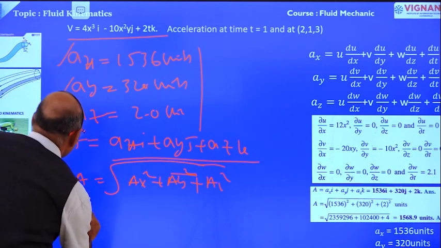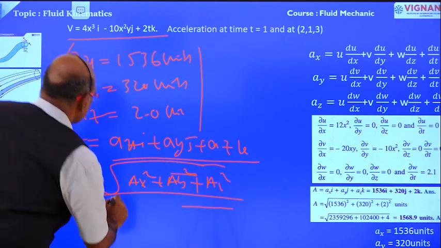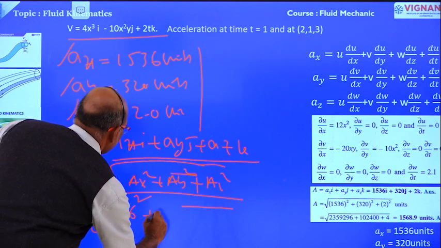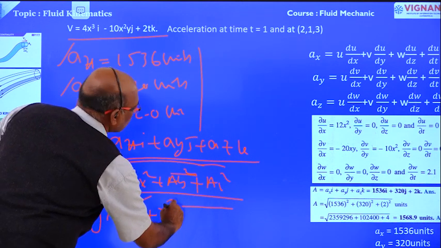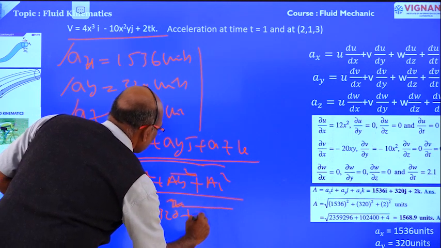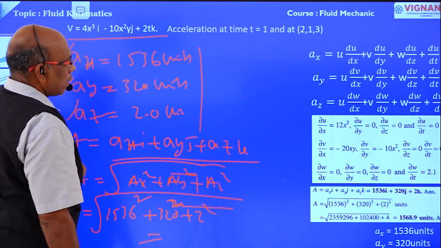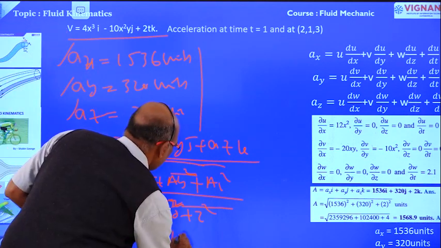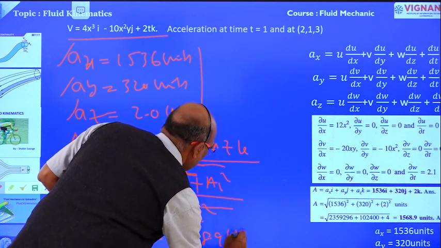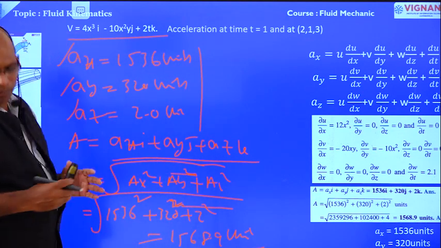We are going to substitute the values. Square root of 1536 square plus 320 square plus 2 square. Finally, we have the resultant equal to 1568.9 units. This is the acceleration of the flowing fluid, right?